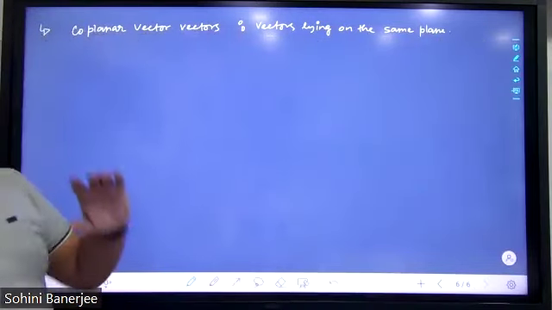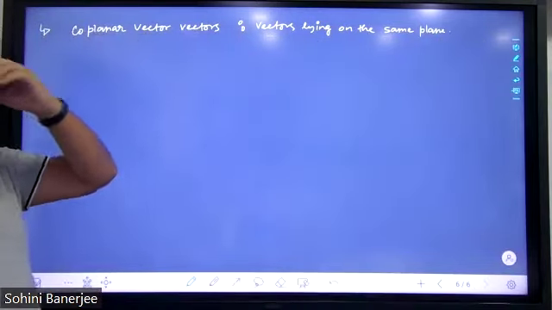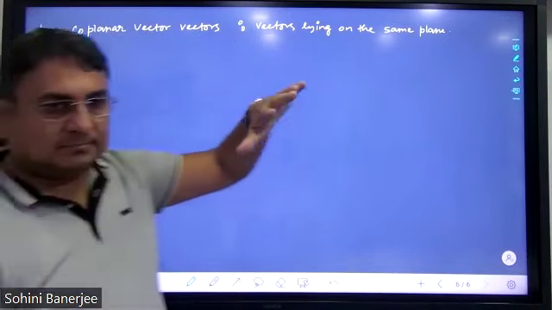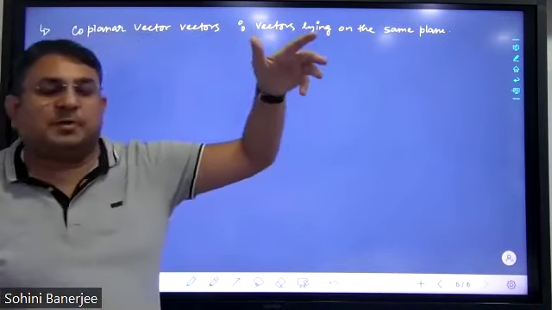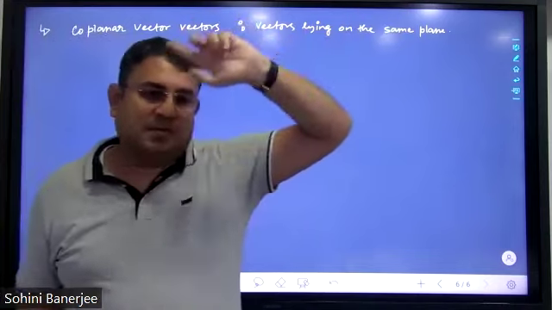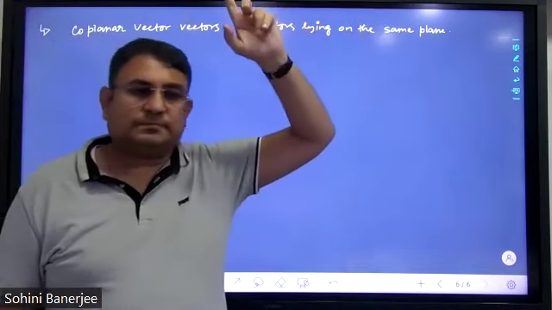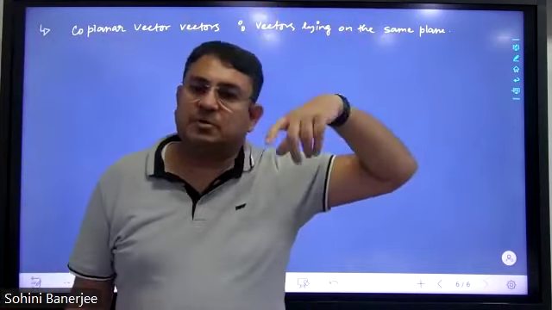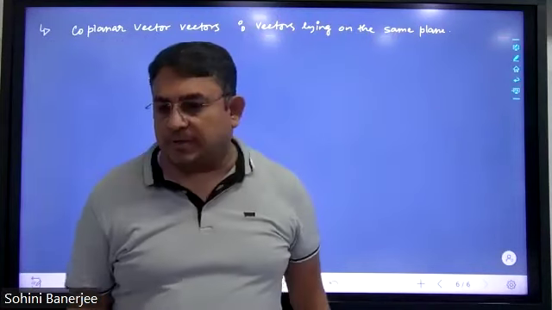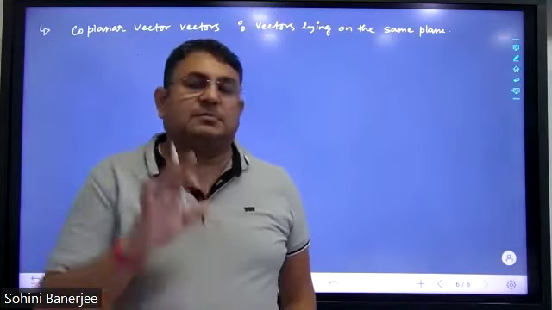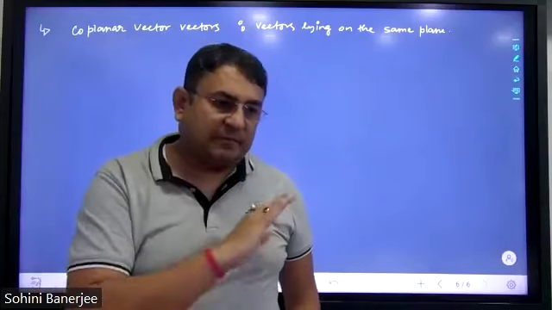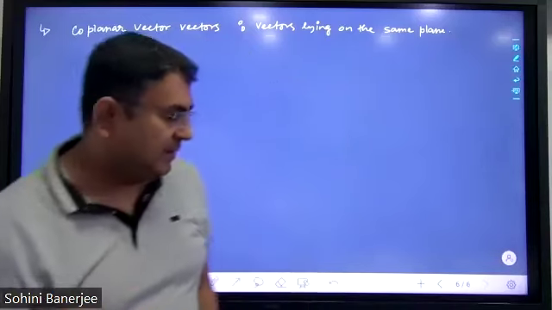Vectors lying on the same plane, they are co-planar. Clear. How to prove them to be co-planar? We'll come to that later. After the dot product, we'll get to know how to prove vectors to be co-planar. But for now, co-planar means what? They are vectors lying on the same plane.